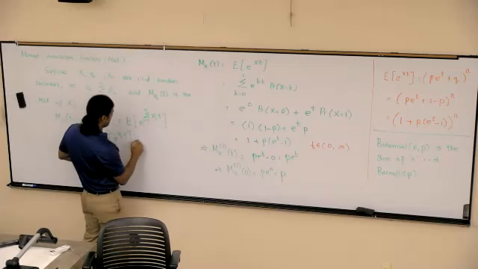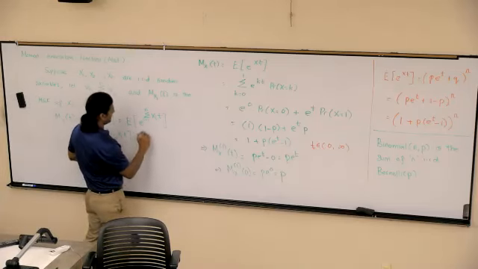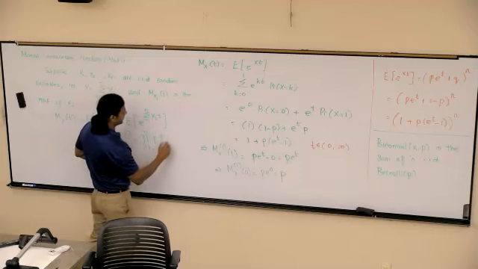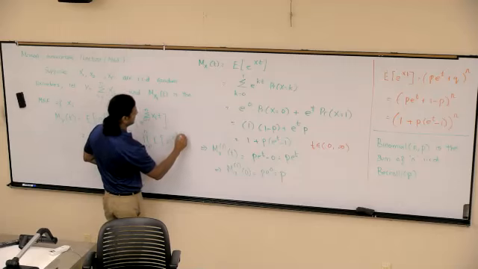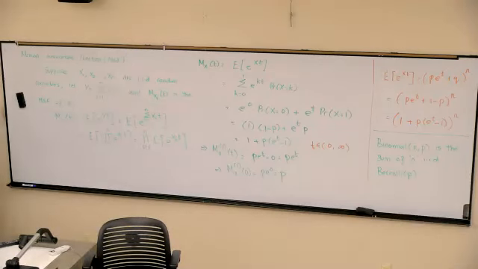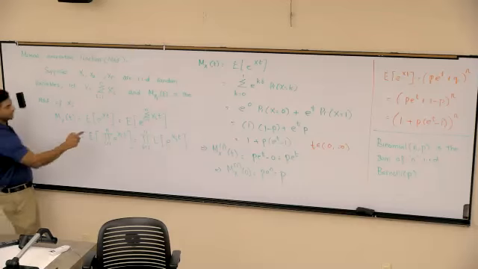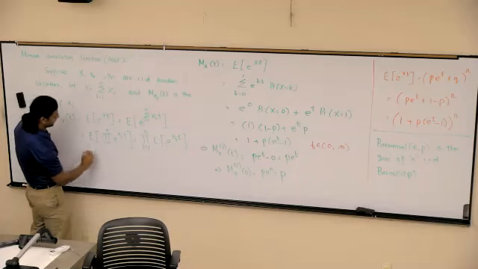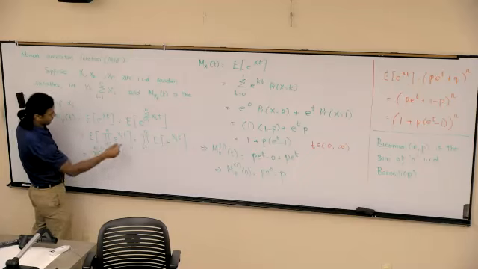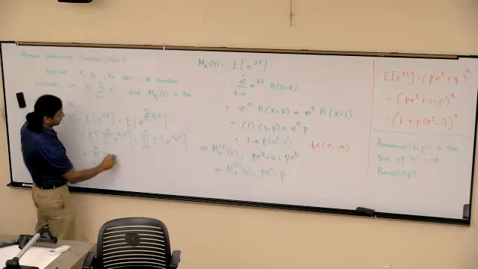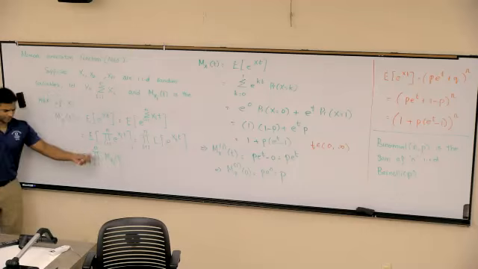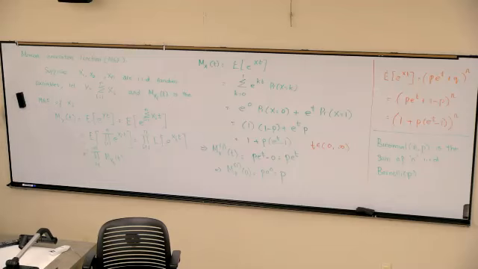So I can write it as the product from i equals 1 to n of the expectation of e raised to Xi t. That is the moment generating function of the random variable Xi. That's what we defined.